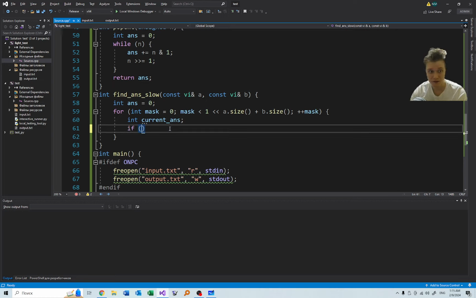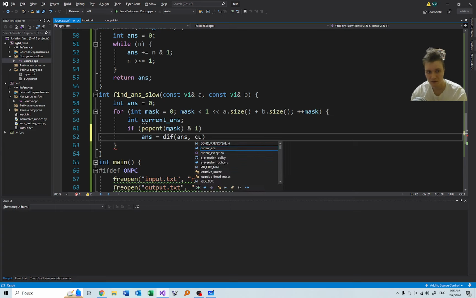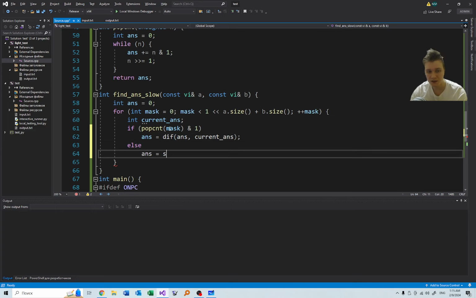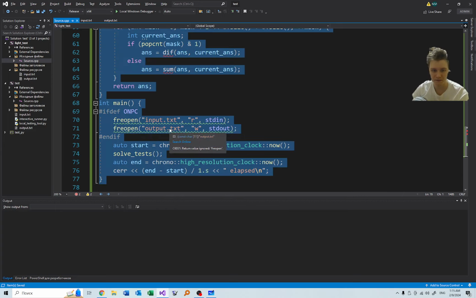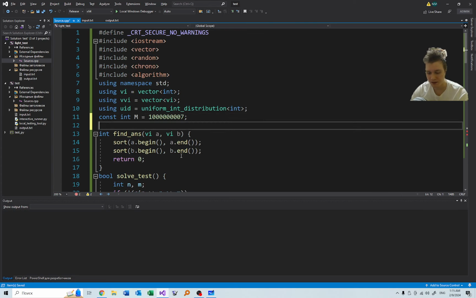So if the pop count of mask is odd, we need to subtract it from the answer. Else we need to add it to the answer. And then return answer. Let's write the functions diff and add.